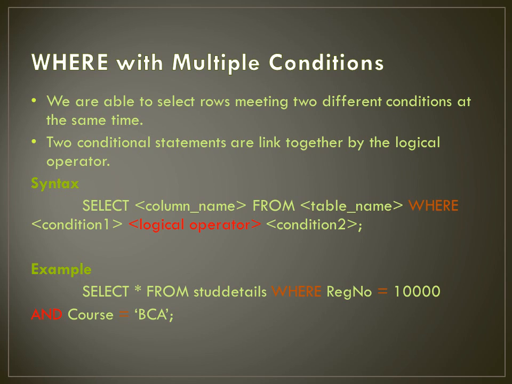Example, select star from student details where register number is equal to 10,000 and course is equal to BCA. This query will return the record if these two conditions are met. If the register number is 10,000 and the student is choosing the course BCA, that particular record will be fetched. Otherwise, it will return no data.